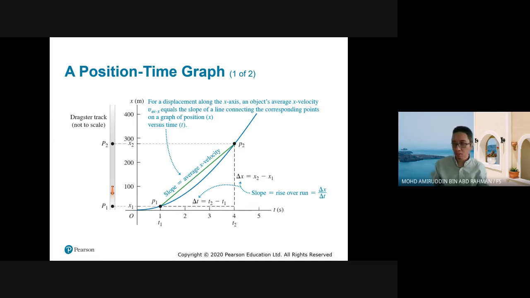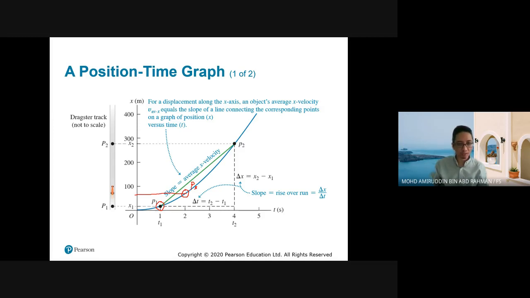So let me draw. Let's say we are drawing over there and also over there. We want to know P3. That's actually the instantaneous velocity.